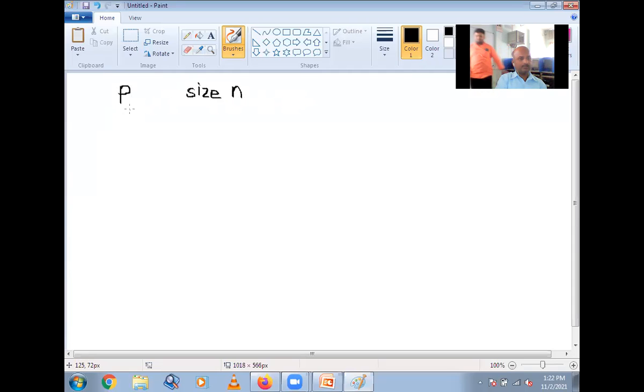If N is large, then divide the problem into subproblems such as P1, P2 up to Pk. After division, the size of P1 is N1, the size of P2 is N2, the size of P3 is N3, up to the size of Pk, which is Nk.